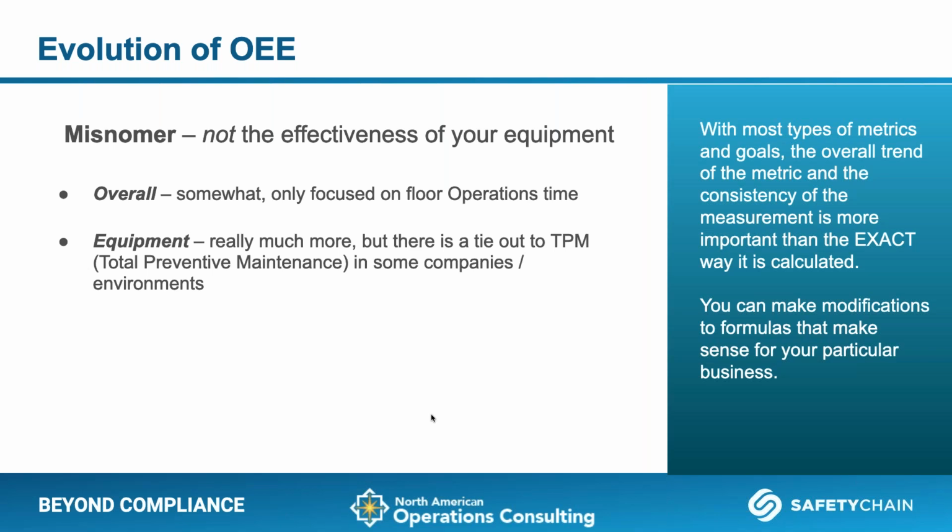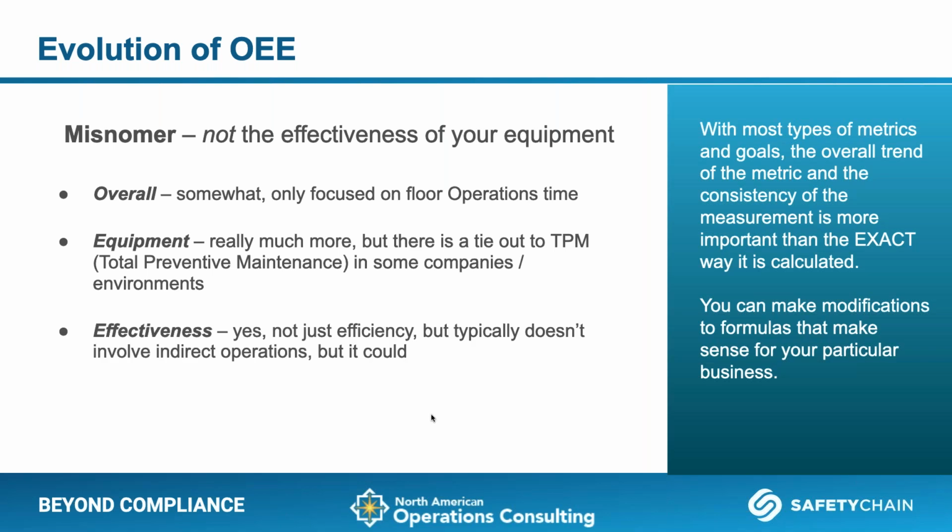So it is looking at the equipment, but it's really looking at how that cross-functional team is working with the people and the equipment to keep it effective. And then the effectiveness, not just efficiency, but it typically doesn't involve indirect operations or indirect people, but you could put that in there if you'd like to.